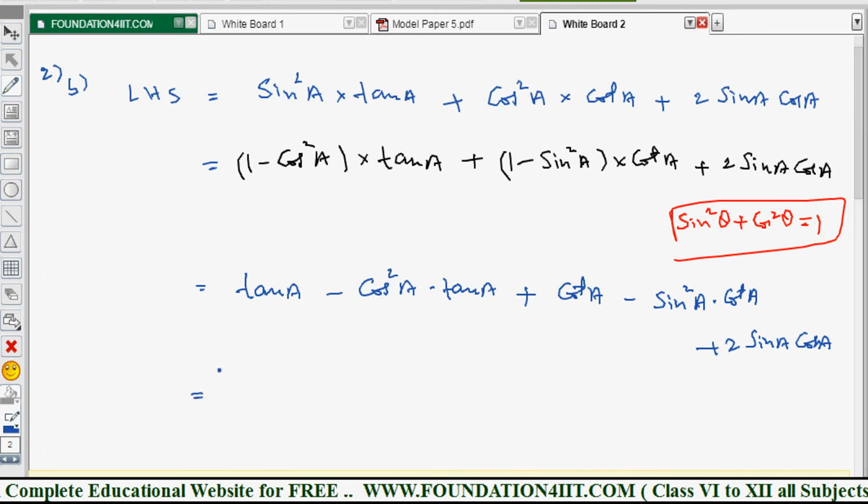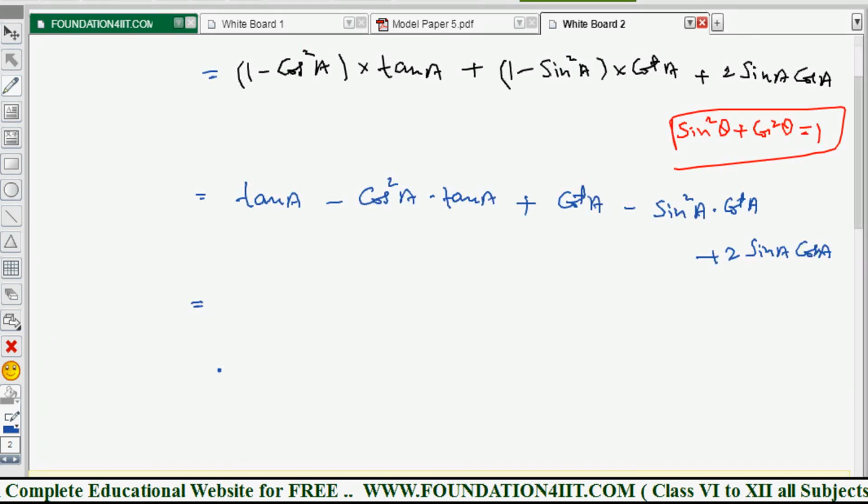Now tan A plus cot A, from these both, write tan A plus cot A together, because we need to prove this only.